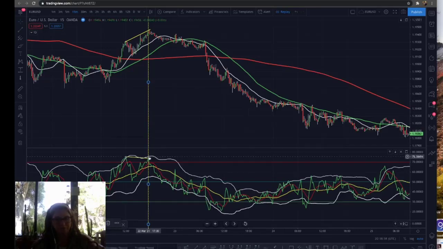Now, as long as the RSI is dragging the band down with it, there's no reason to exit this trade. But as you're in this trade and you have these spikes to the upside, it's going to scare you.